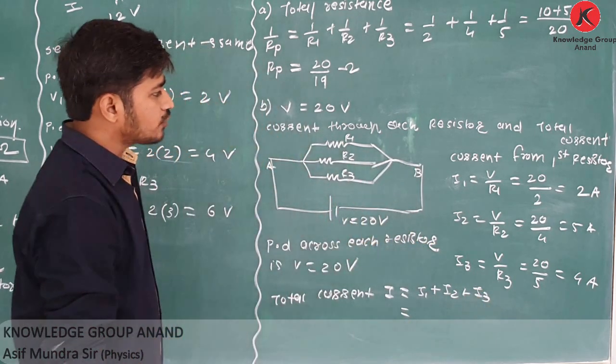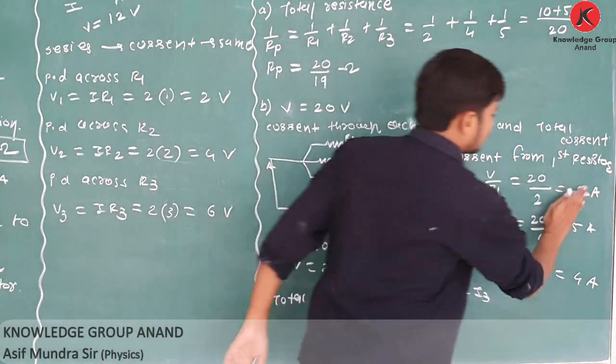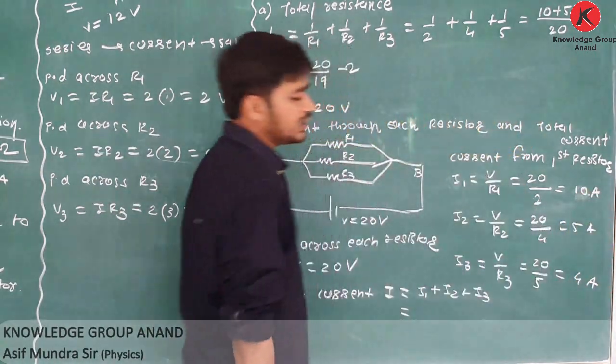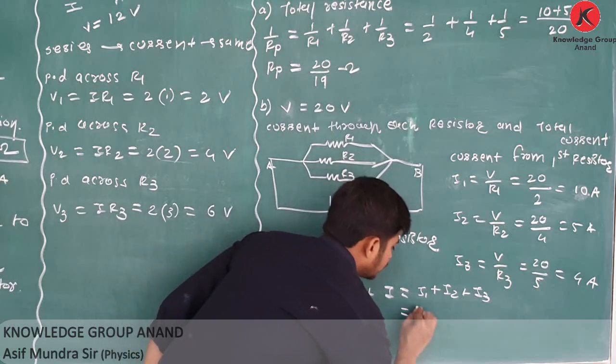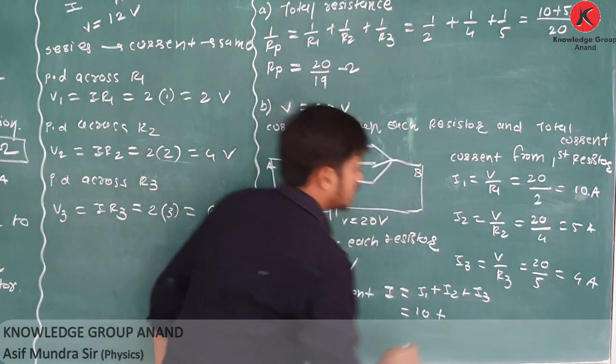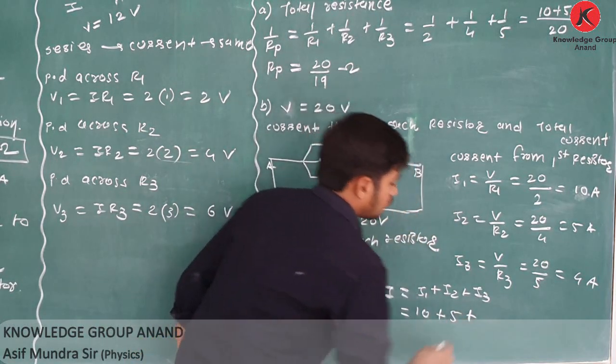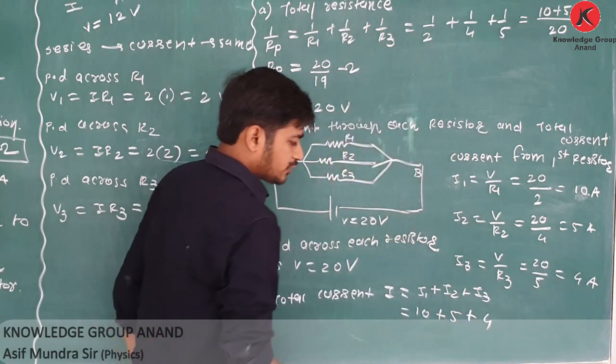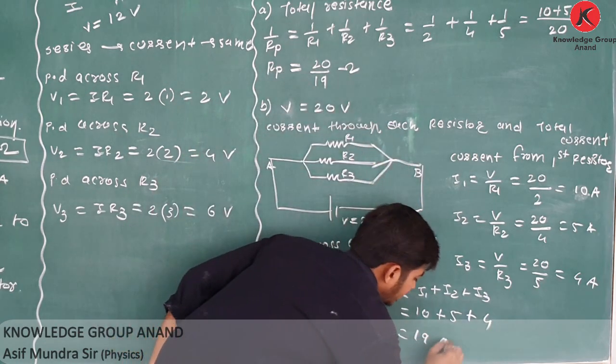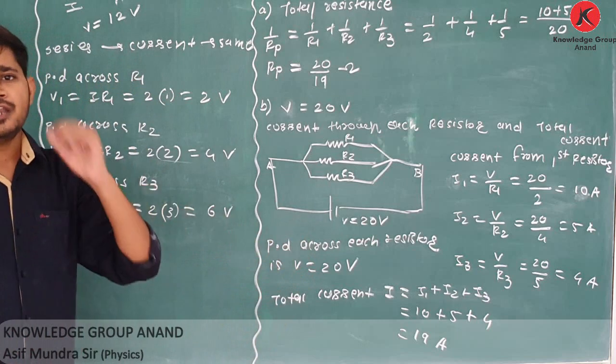What is the value of I1? See, 20 by 2 means it is 10. What is the value of I2? It is 5. What is the value of I3? It is 4. So 10 plus 5 plus 4, it will be 19 ampere.